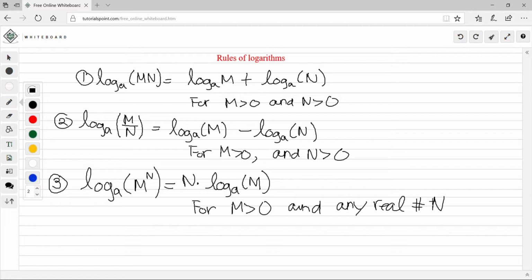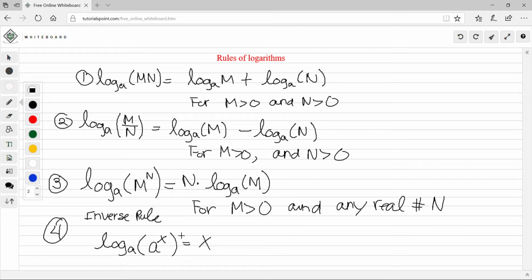Number 4 is the inverse rule. So let's say you are given log a of a to the x, which should equal x.